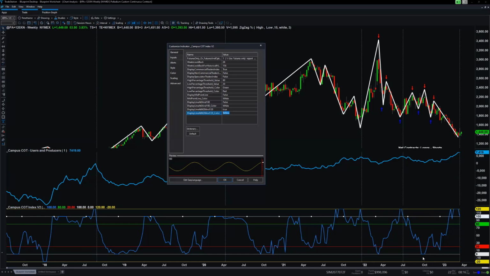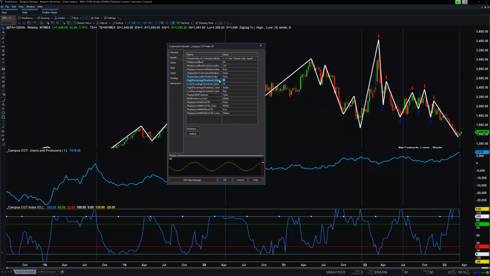So whenever the blue line, the commercials, whenever they touch the yellow, I know, hey, that's a 3-year extreme. And whenever they're above the green or below the red, I know it's the 6 months extreme or whatever week look back you're applying here.